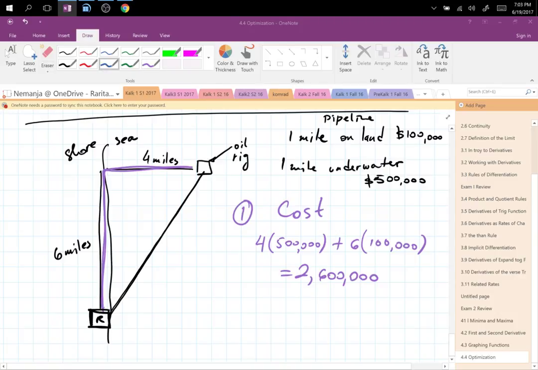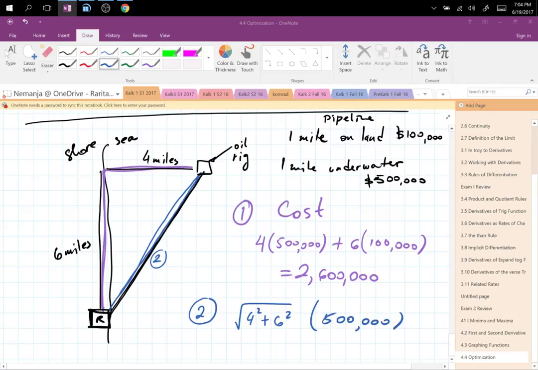And then underwater, the shortest distance, because that's the most expensive, right? And then you have the blue one, blue pipeline, number 2, which is all underwater. But that's the shortest distance from the oil rig to the refinery. Well, we have to use the Pythagorean Theorem to figure out the distance d there, right? So it is going to be 4 squared plus 6 squared, and everything is underwater, so I have to multiply that by 500,000.